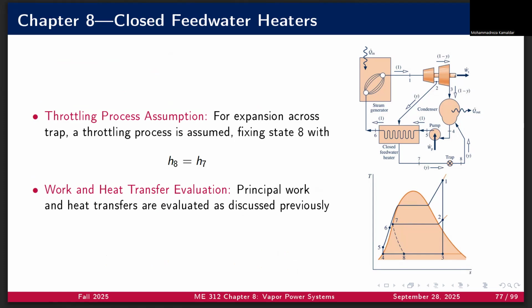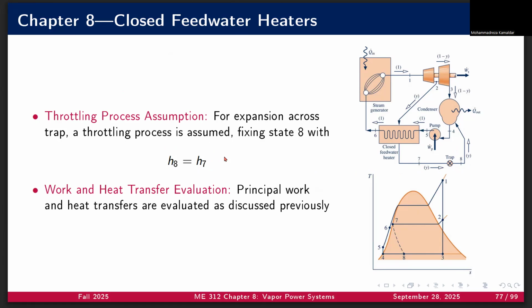So first, let's revisit the trap expansion that occurs between state 7 and state 8. This is where the condensate from the closed heater, state 7, drops in pressure as it is routed back into the condenser pressure line, state 8. So the throttling process assumption is critical here. Remember, whenever we say throttling process, that means constant enthalpy.